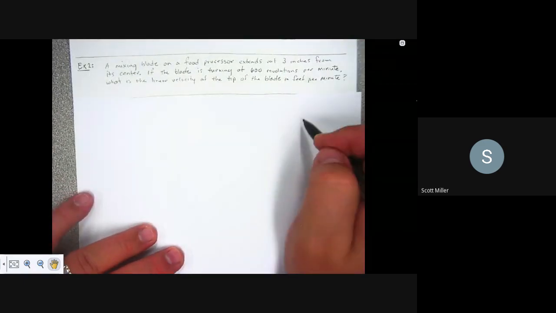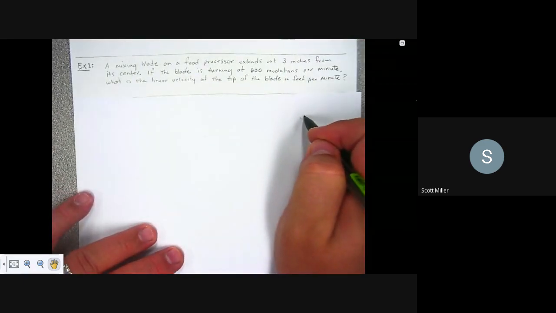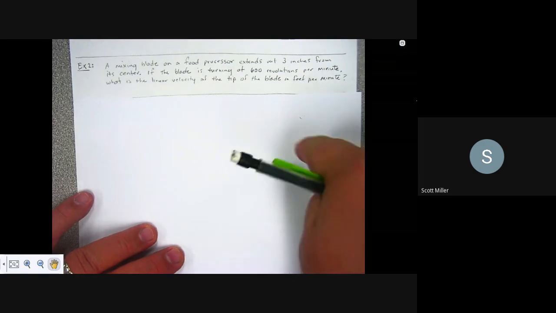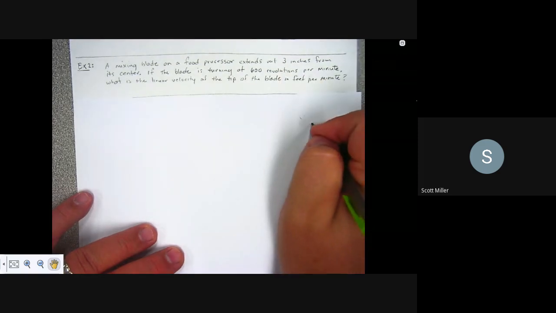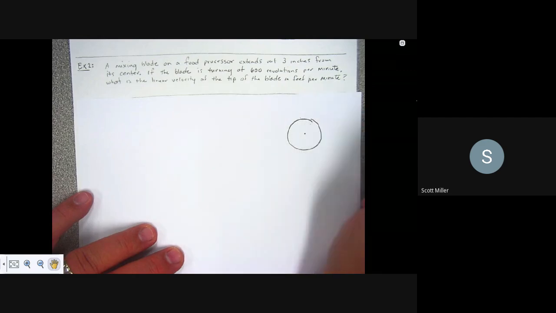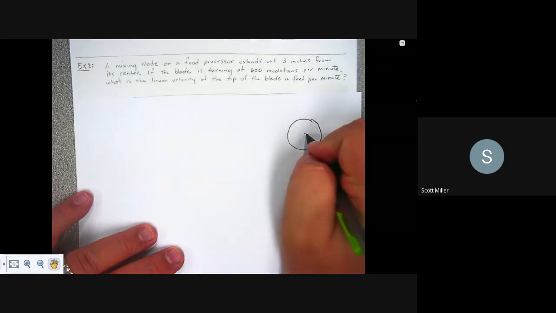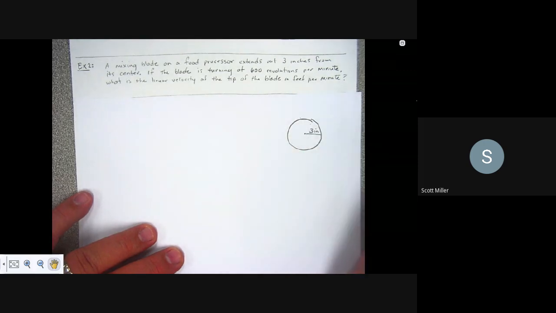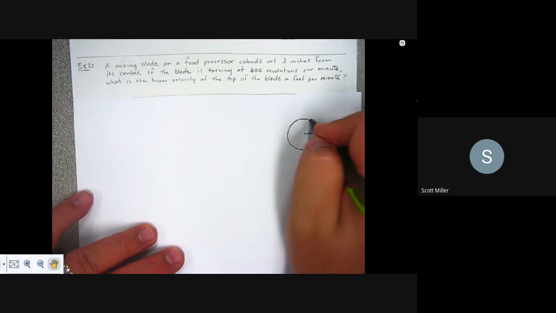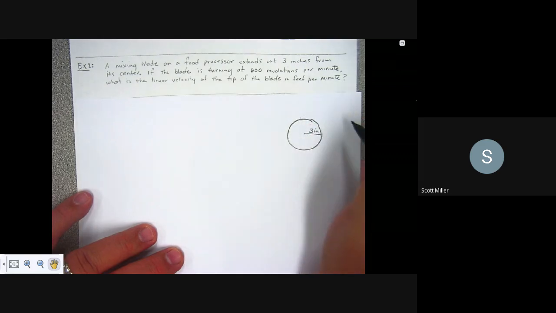Try and draw a picture. Think of a blender looking straight down. You have those little blades. It's going to spin and make a circle. There's the center. The blade extends 3 inches from the center, so if I draw this radius, that's 3 inches. There's a tip out here, and we're going to spin it around.